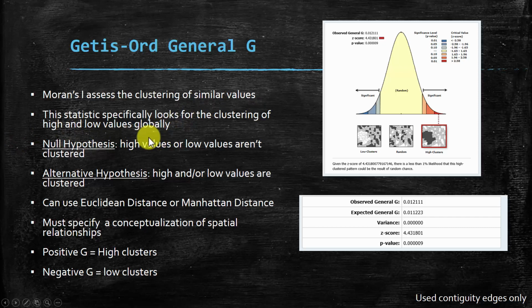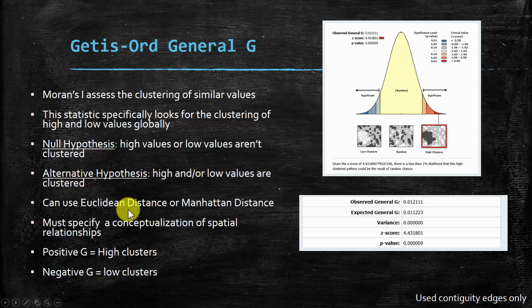So are high values clustered or are low values clustered? The null hypothesis is that high values or low values aren't clustered. So it's random, there's no pattern. In contrast, the alternative hypothesis is that high and/or low values are clustered. So there is a pattern, one or the other, low clustered or high clustered.